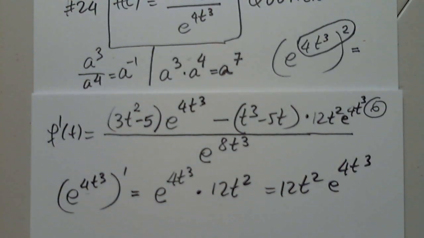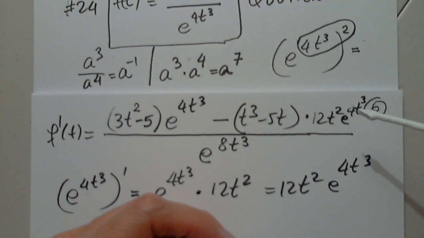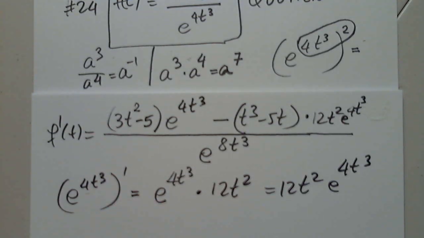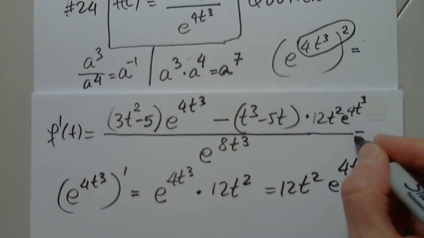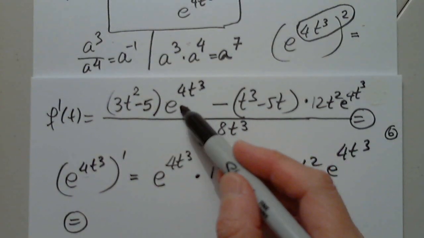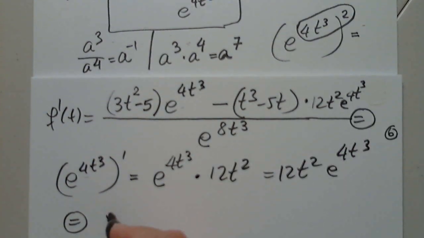I'm going to erase the page number because it's in the way, and I'm going to put it differently so it's not confusing. Okay. So obviously I'm going to factor out e to 4t cubed.